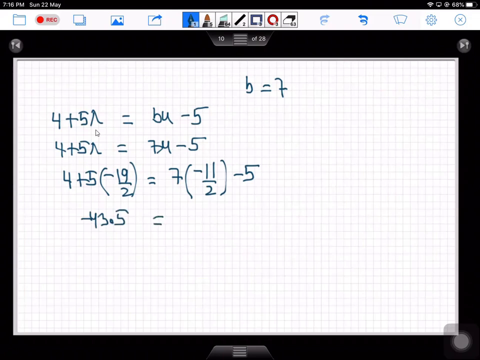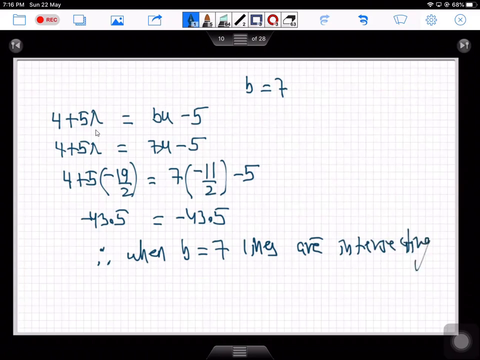And on the right hand side of the equation, 7 times minus 11 over 2 and then minus 5. This is also minus 43.5. So therefore, when b is equal to 7, the lines are intersecting.